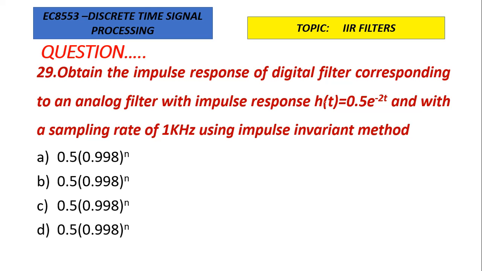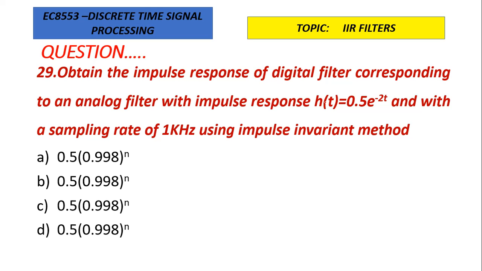Next is a problem. Obtain the impulse response of the digital filter corresponding to an analog filter with impulse response h of t equal to 0.5 e power minus 2t and with a sampling rate of 1 kilohertz using the impulse invariant method. The impulse response of the analog filter h of t is given. We should find the impulse response of the digital filter.